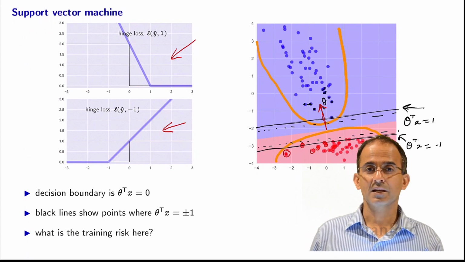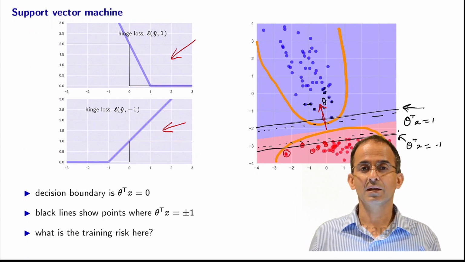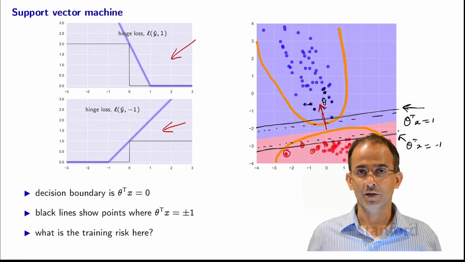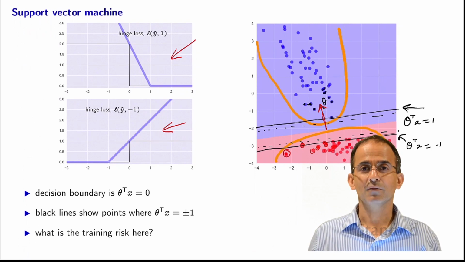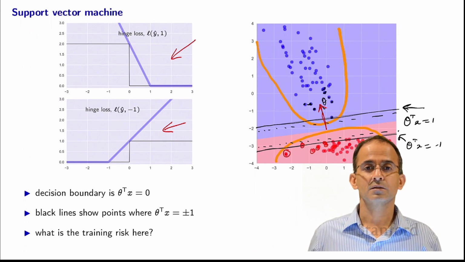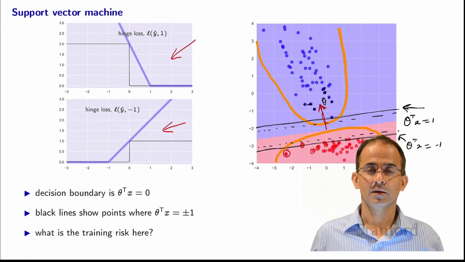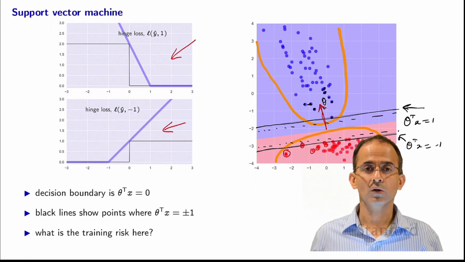Depending on the value of lambda, for some values of lambda, we will find that the right thing to do is to make theta as small as we can, but still keep the total loss 0.